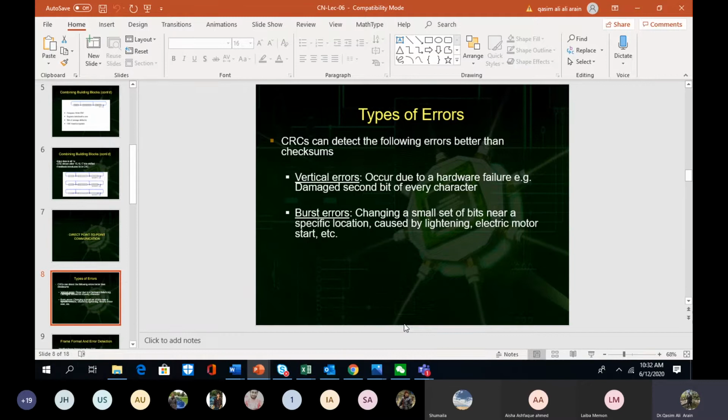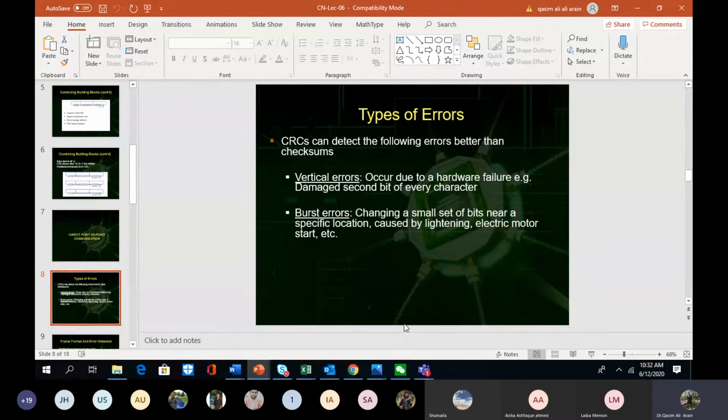Vertical errors occur due to hardware failures, for example damage to the second bit of every character. And the second one is called burst errors, changing a small set of bits near a specific location caused by lightning, electric motors or static etc. Now see, there are three types of error.